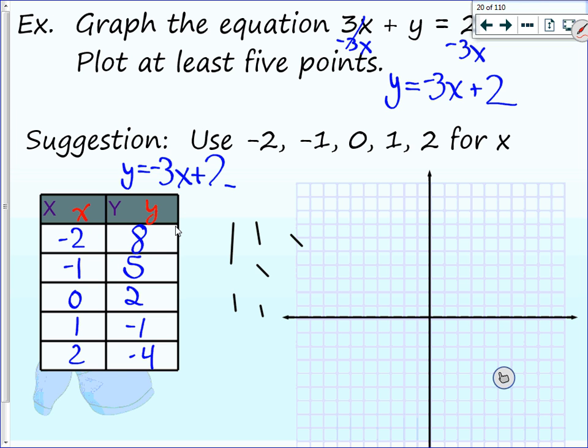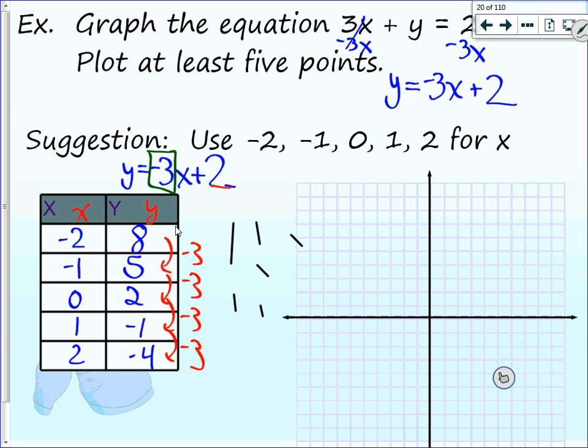Do you see a pattern for the y values in my table? What's the pattern, DJ? It goes down by 3. So -3, -3, -3, -3. Do you see 3 anywhere in the equation? Yes, -3.